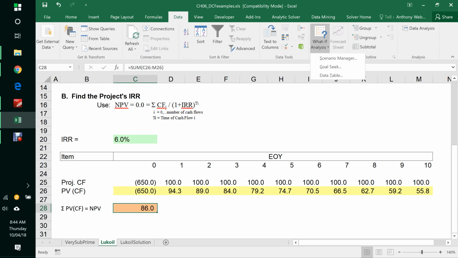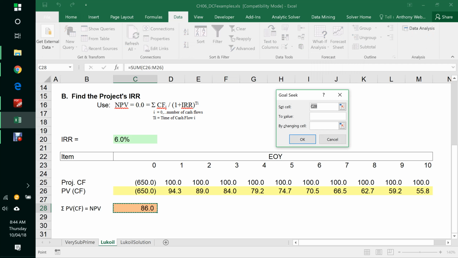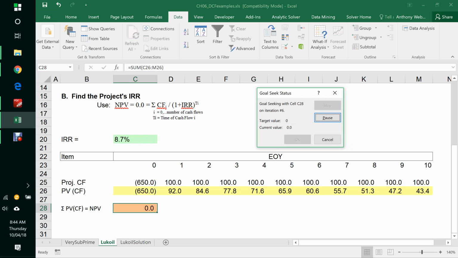So I go to Data, What-If Analysis, Goal Seek, set cell C28. That's my sum. I want the sum, the NPV, to be equal to 0, and I do that by changing my guess at the interest rate, the IRR. And there we go. So we've got 8.7%.